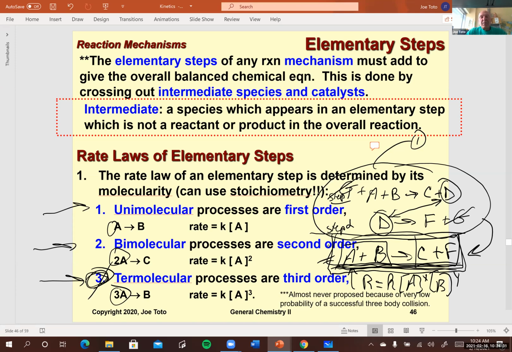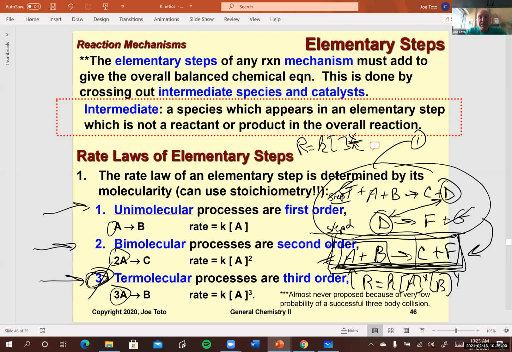Now, remember before we said that if you're going to find the exponents for some rate law, we know that the general form of rate laws looks something like that. This exponent here, this power dependency, has to be determined experimentally.